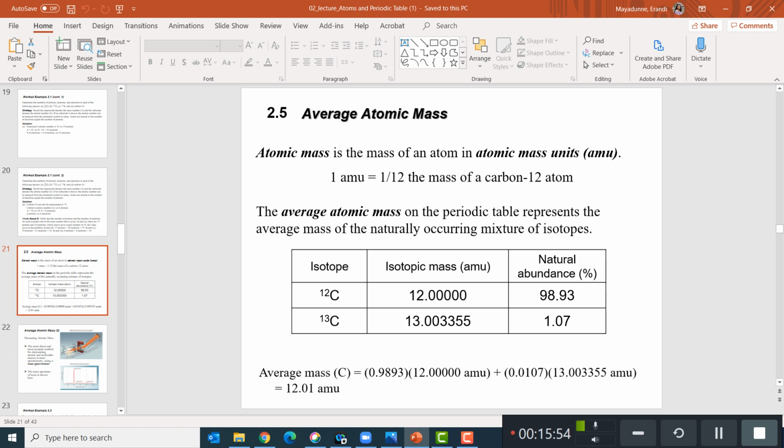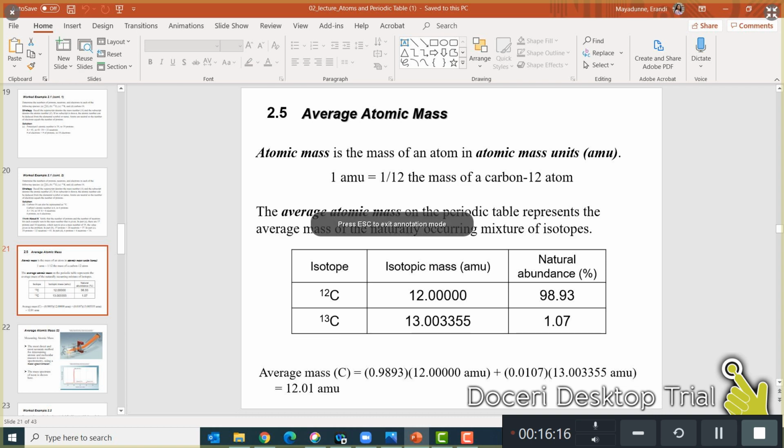So when you take the percentage, let me write here. For isotope carbon-12, I have mass 12, and the natural abundance is 98.93.